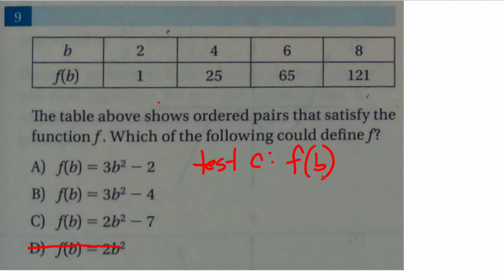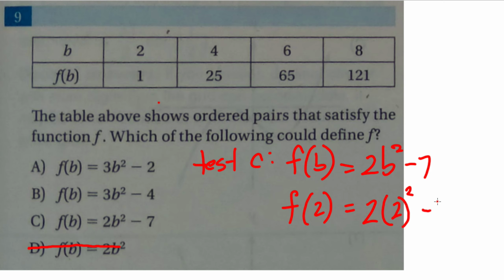In C, we have f of b equal to 2b squared minus 7. Let's take f of 2. What would be the output when we input 2 for b? We have 2 times 2 raised to 2 minus 7, and this will be 2 times 4, since 2 squared is 4, minus 7, so 8 minus 7.